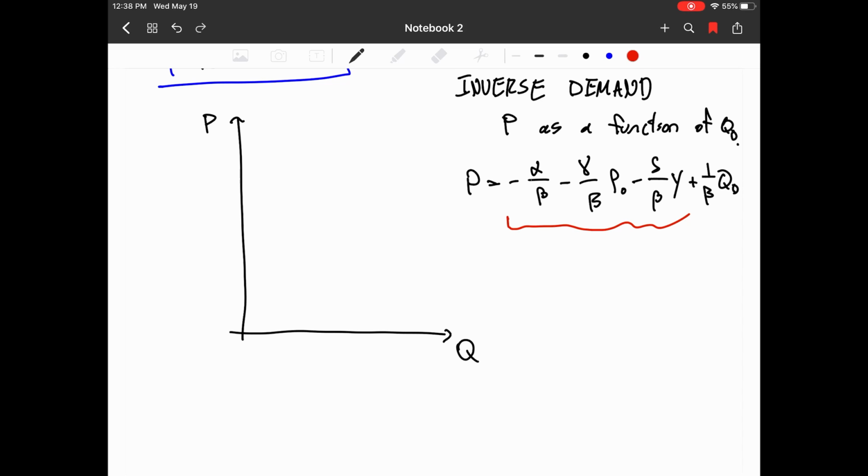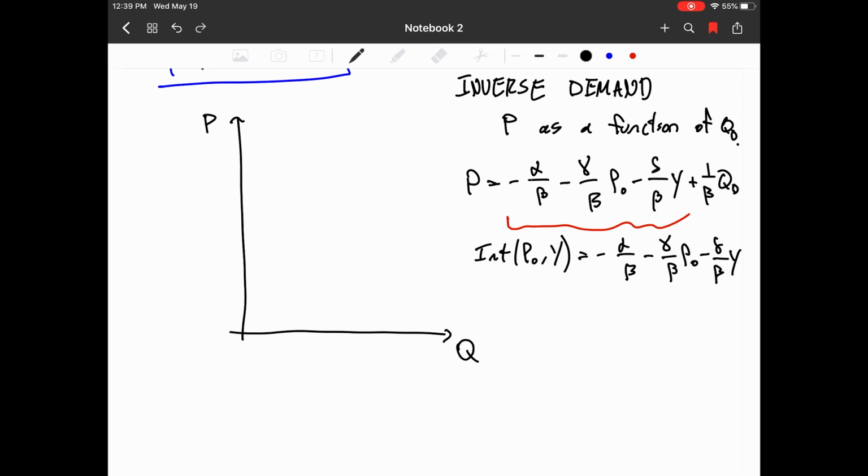We define this as intercept as a function of the price of the other good and income. These are just all the variables that don't affect the slope. So this is just negative alpha over beta minus gamma over beta times P0 and delta over beta y.